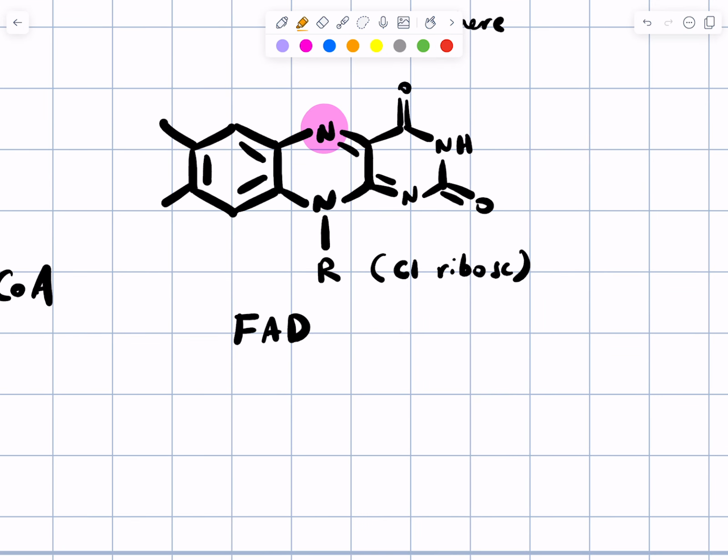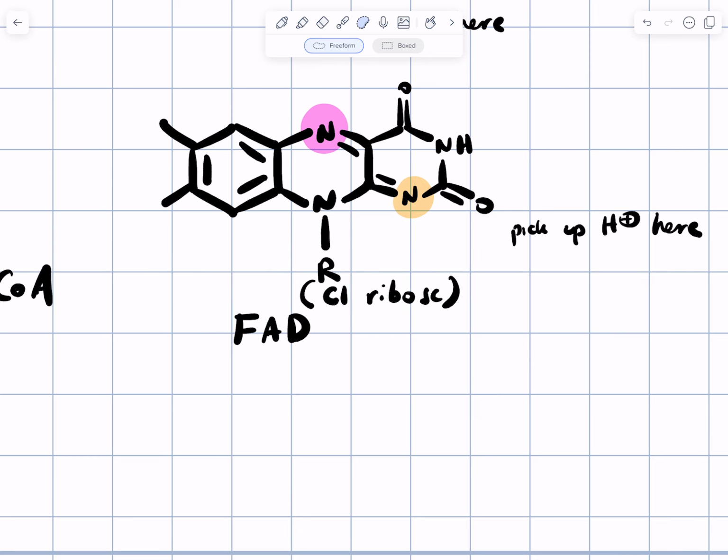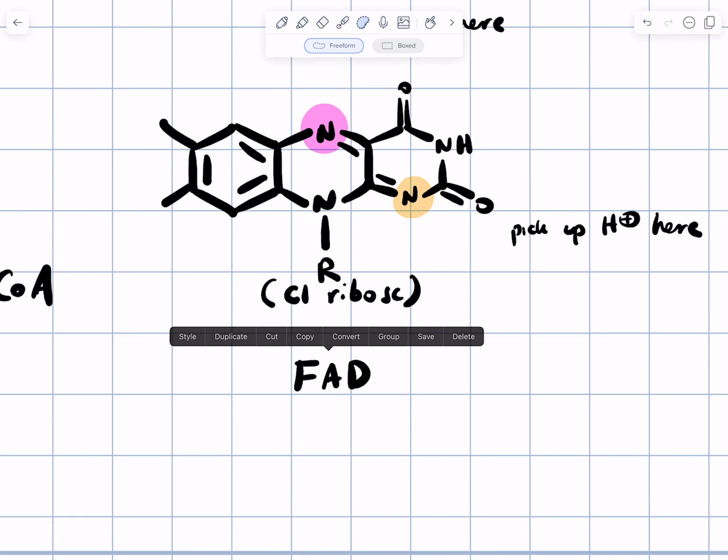And then we're going to need to pick up a proton on the orange nitrogen. And then, yeah, that R group is just carbon 1 of a ribose ring.